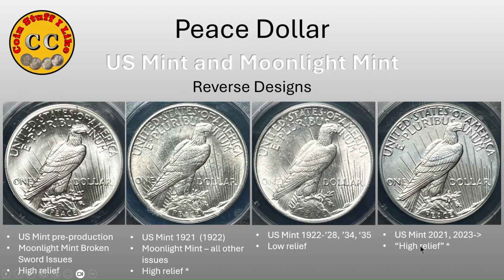It is a high relief that meets the specifications of modern U.S. commemorative dollars. So it's a different high relief, but it's still a high relief compared to this low relief used in the 22 to 35 production, but with similar design elements in terms of the rays.